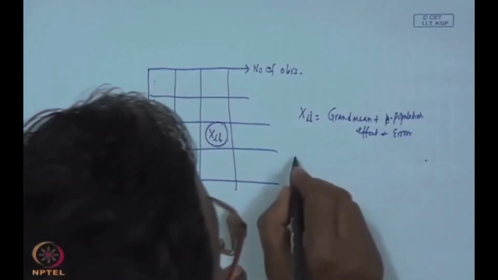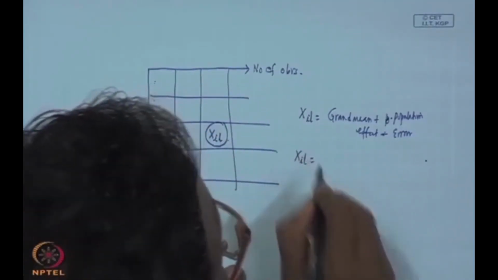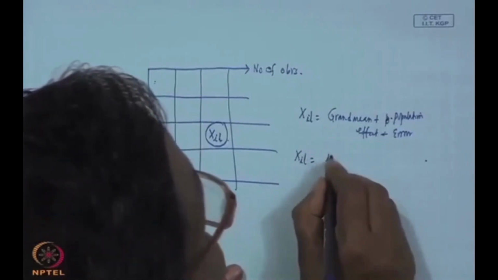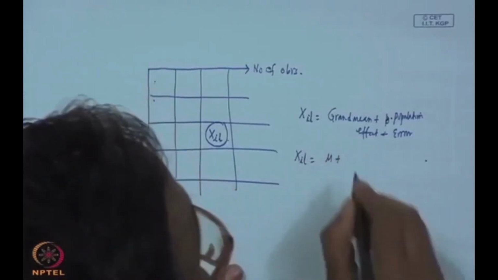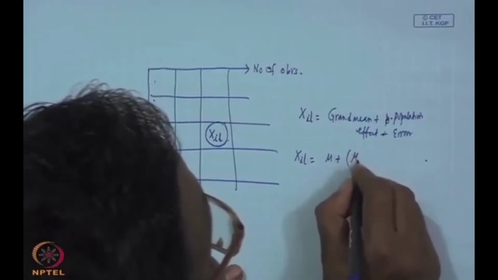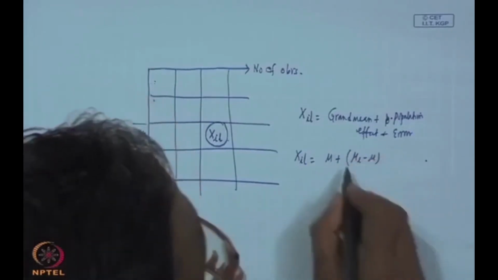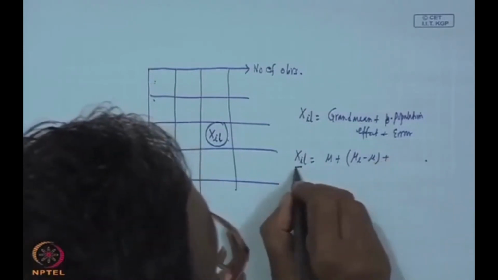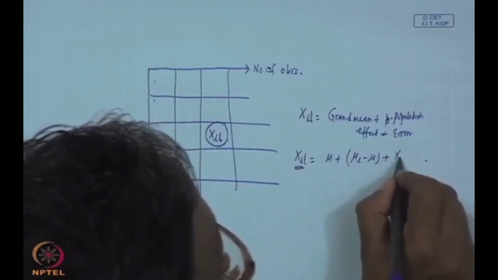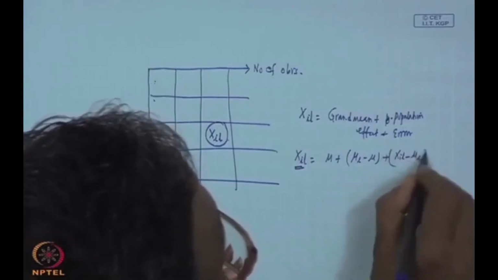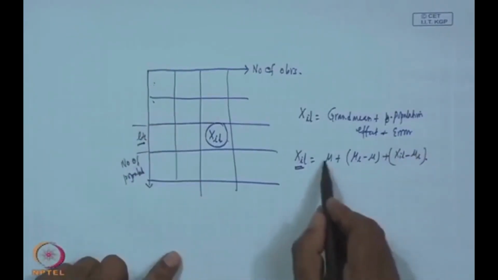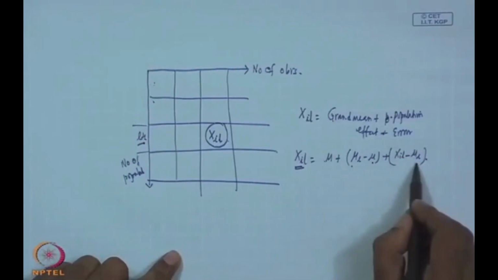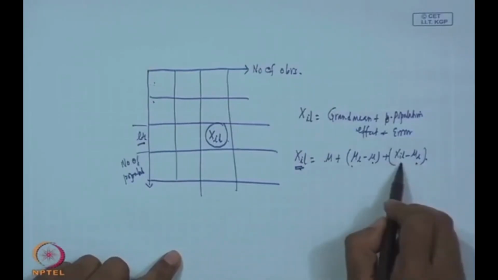How do we get it? XIL equal to mu plus mu L minus mu. So mu cancels out, mu L is there, but the left-hand side is XIL, so plus XIL minus mu L. Mu and mu cancel out, mu L cancels out, so XIL equal to XIL.